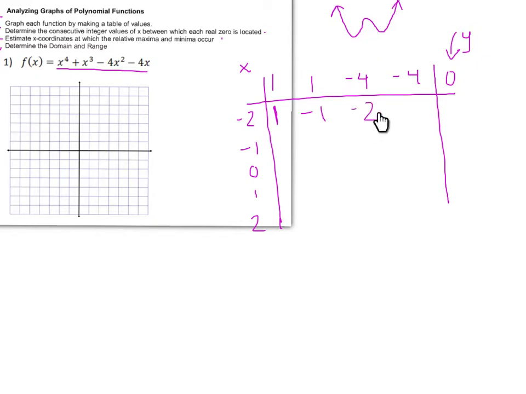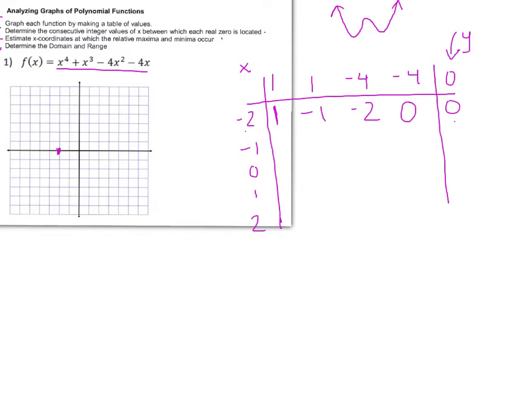Continuing, -2 times -2 is +4, +4 plus -4 is 0. 0 times -2 is 0, and 0 plus 0 is 0. So this tells us on our graph we have a point of -2, 0. So we can go graph that point, -2, 0.